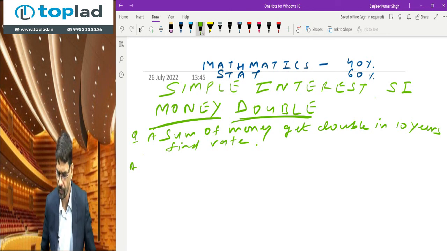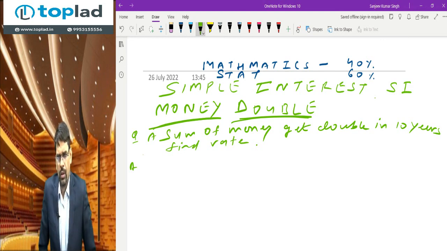TopLad does a lot of analysis and provides tips and tricks on how to remember the formulas for a very long time.